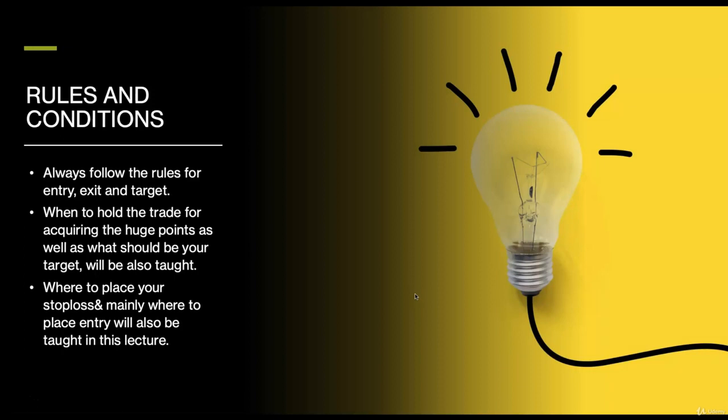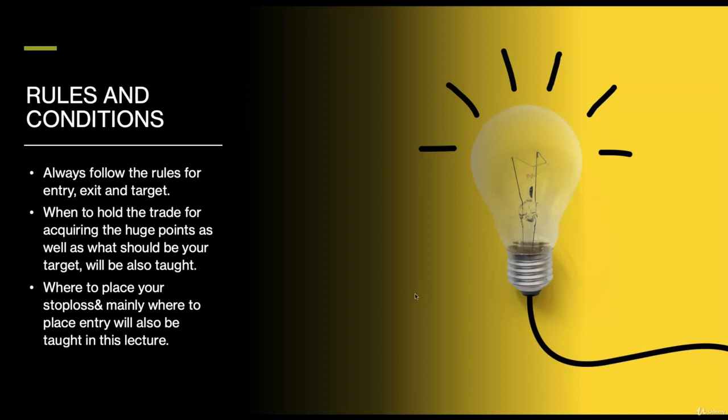The third point tells where to place your stop loss, and mainly where to place the entry will also be taught in this lecture. Placing the entry and placing the stop loss is very important, because it means we are deciding how much we should give to the market.